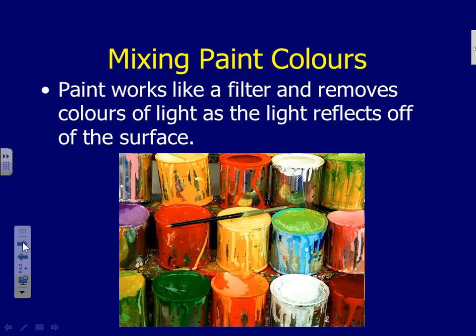Paints and pigments, anything that colors the wall like paint, or anything that colors fabric like a dye, absorb colors just like filters absorb colors. So we analyze a reflective color the same way as we would analyze a filter scenario.